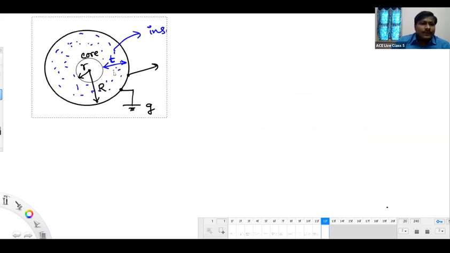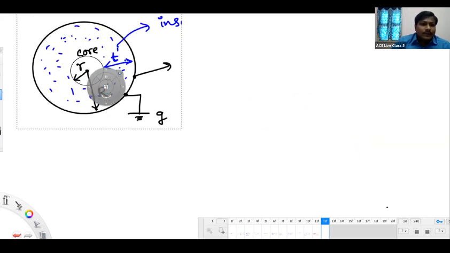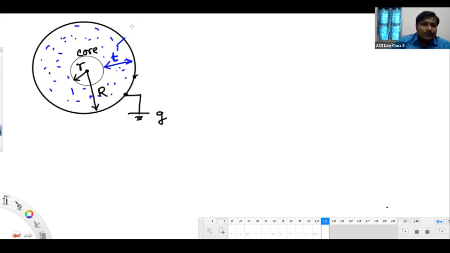See this core. It will have a resistivity. Core will have a resistivity of rho core. Insulation will have a resistivity of rho insulation.